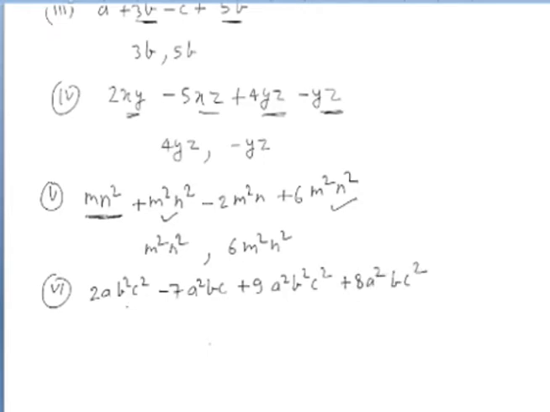Okay, so here a b square c square, and no other term is similar to it. Then a square bc is also not similar to this, and a square b square c square is different too. Here there are no like terms. These are unlike terms.